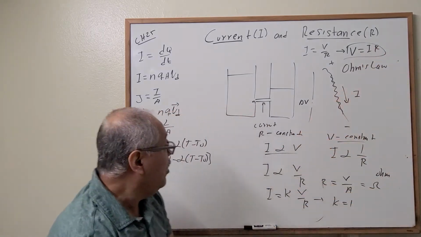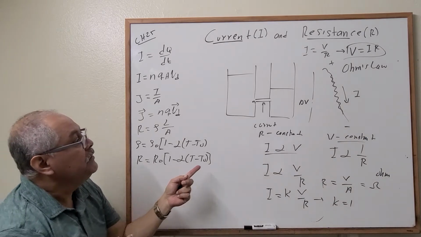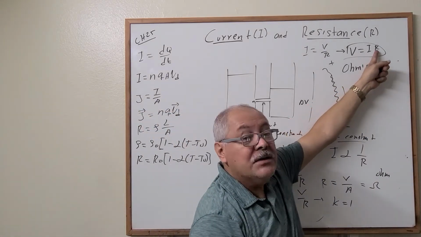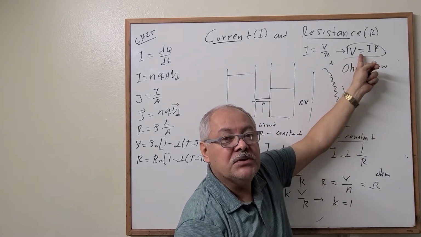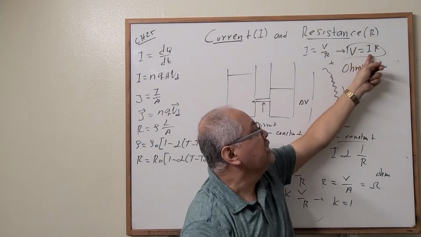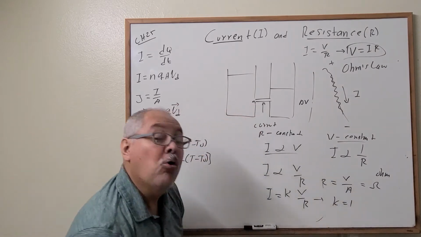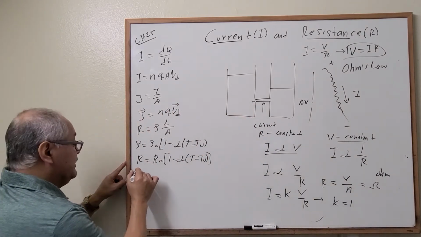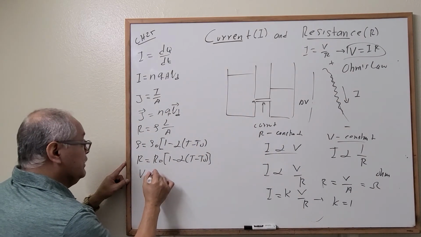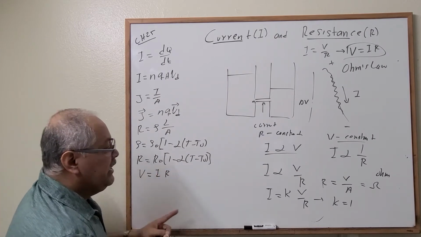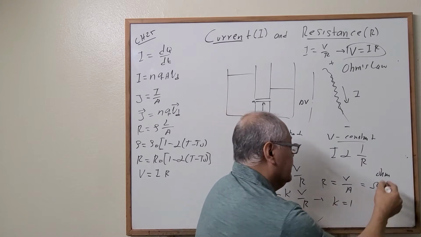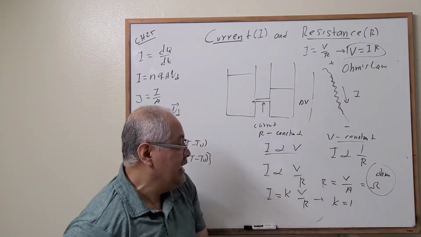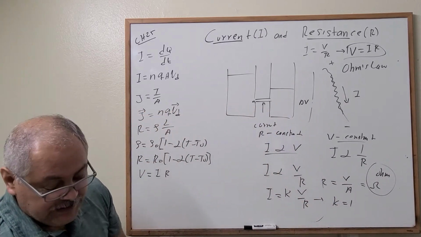Remember, we mentioned that R, the resistance, depends on temperature. When R is constant, we can apply this relationship: voltage equals current times resistance, Ohm's law. Remember, the unit for resistance is called ohms.